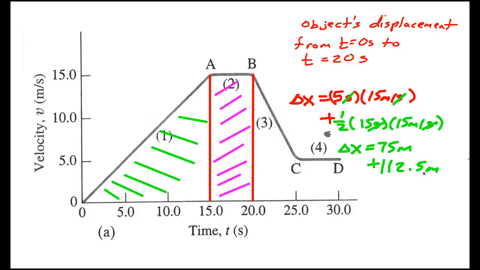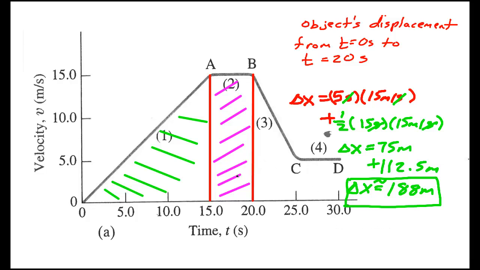And we have to add those two together, and we find that's about 188 meters, or approximately 188 meters. So if you want to write that in vectors, that's simply 188 meters i hat.